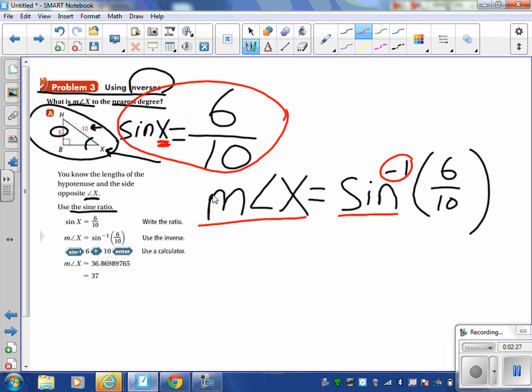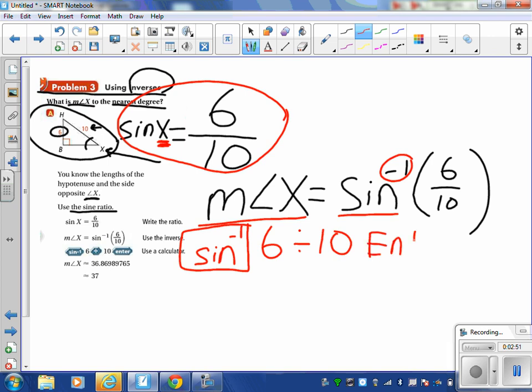So to do this problem with my calculator, I need to hit the sine to the negative 1, then 6 divided by 10, and then hit enter.